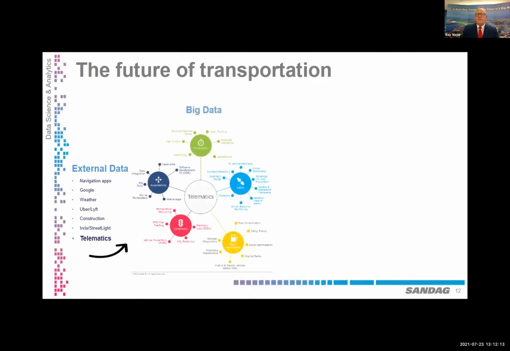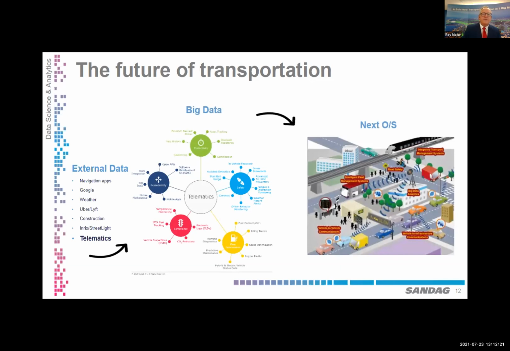The future of transportation is also really tied into data and data analytics. There are a lot of external databases, for instance navigation apps, Google, weather apps, Uber and Lyft information. We have information on construction.